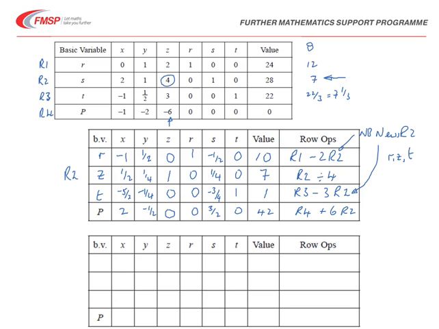We've got currently R is equal to 10. Z is equal to 7. And T is equal to 1. The other values, X, Y, and S, are all going to be equal to 0.